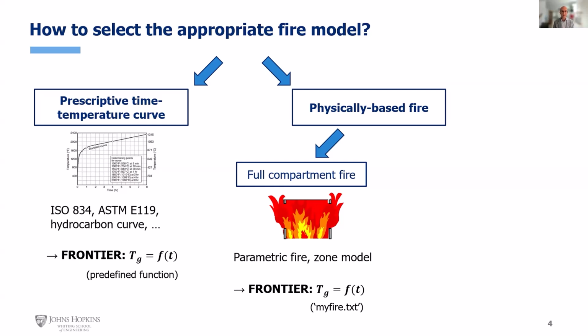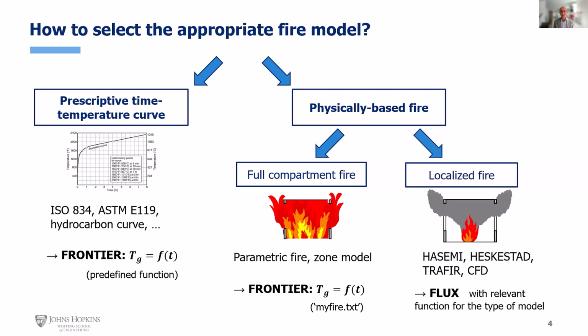In the case of full compartment fire, there are different types of models such as parametric fire or zone models, where again, what will be evaluated is the varying gas temperature in the compartment. And then this can be input again as a frontier condition in SAFIR. It can be a user-defined gas temperature function.